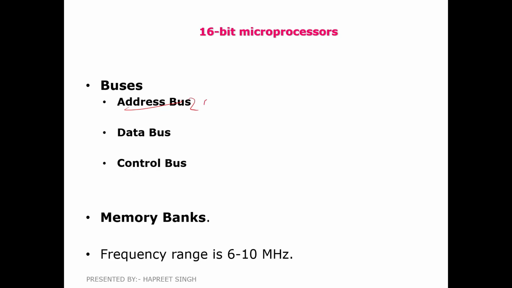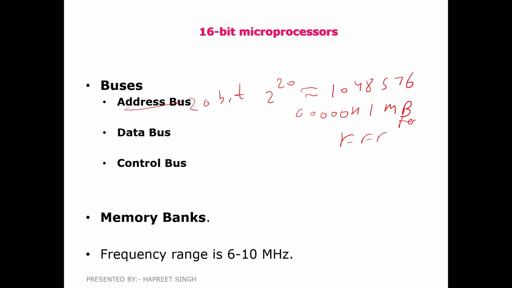If it has 20 bits, it can access 2 raised to power 20, which is equivalent to 1048576 memory locations, that is 1 megabyte of memory. The range of the address bus is 00000H to FFFFFH. So this is the range of the address bus.